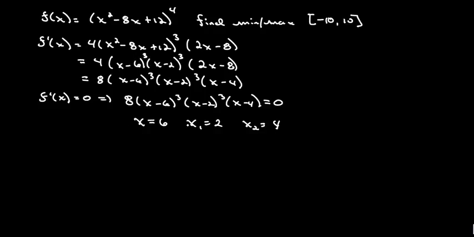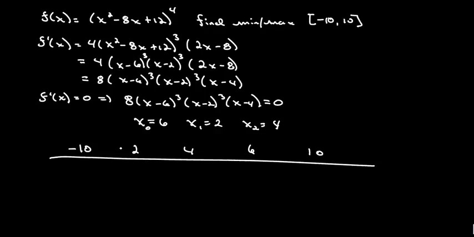Okay, so then they're clearly not a minimum or a maximum. So we'll take these along with -10 and 10. So we've got 2, 4, 6. We get these to test out.